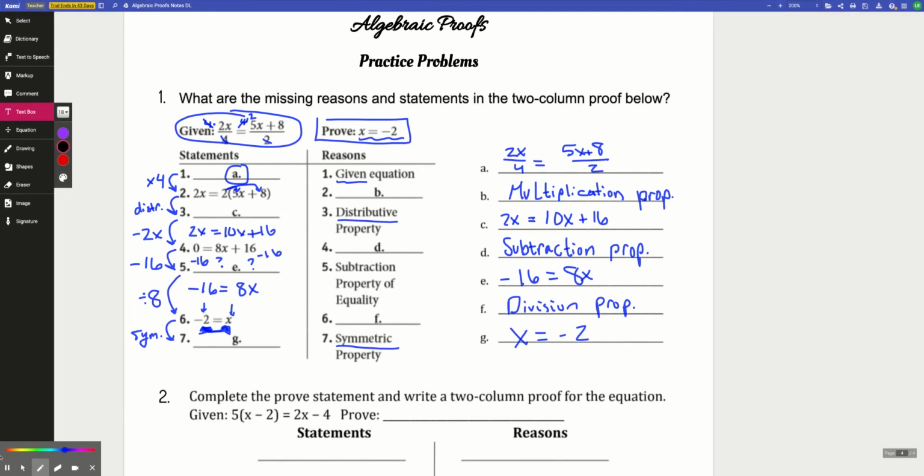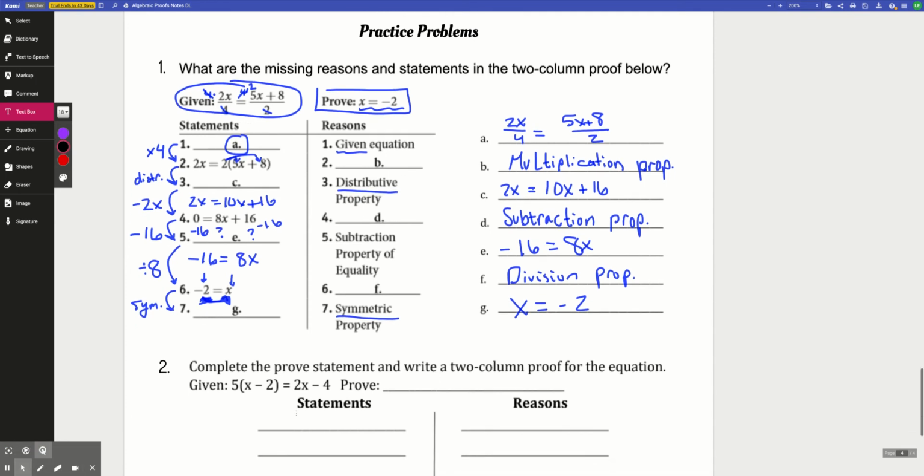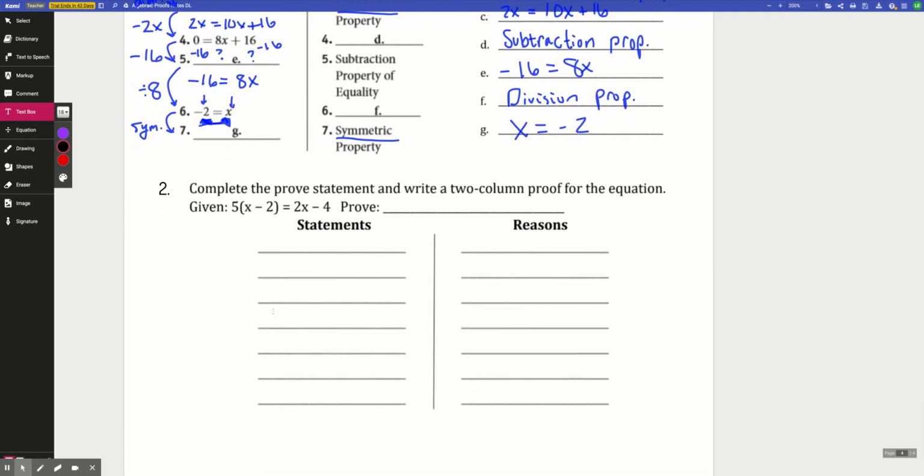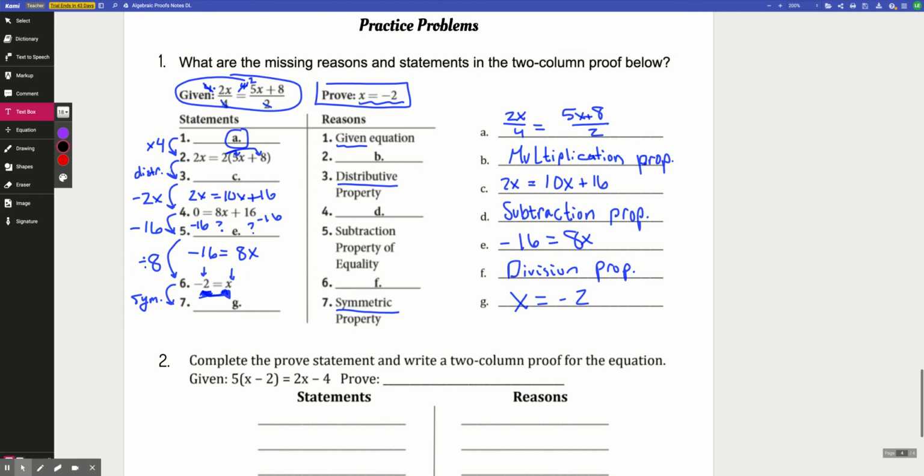All right, y'all. So I'm going to clear my screen up here. But what I want you all to do is try out number 2. You don't have to write these arrows and what I do on the side. I just write it there to help you see what's happening as you learn these proofs.